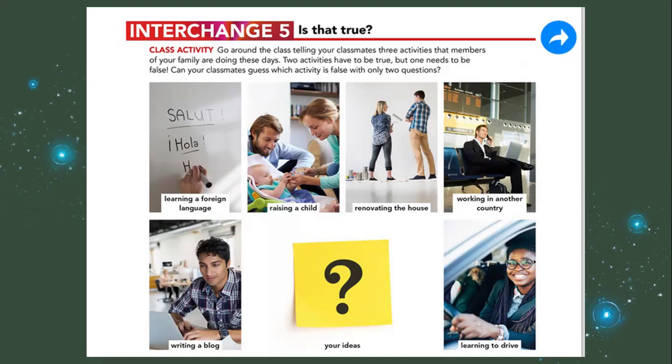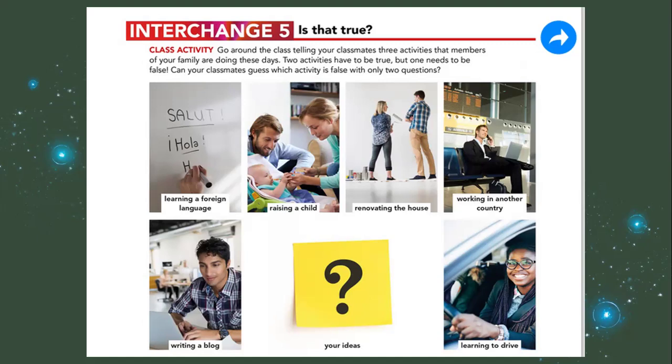So think about activities that you are doing nowadays, okay? Not in this moment, but nowadays, the second use. It's not the same if you tell me, well, I am taking English classes. Well, I am practicing the present continuous tense. Okay, it's okay.